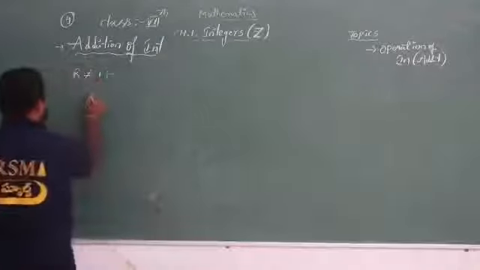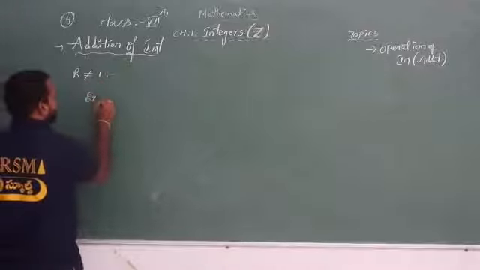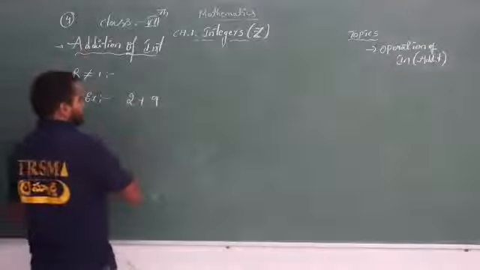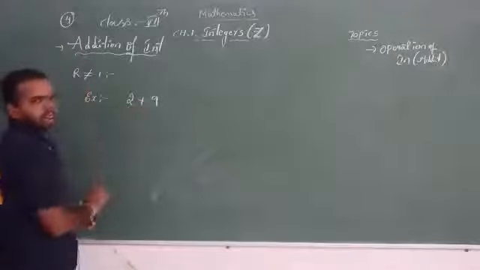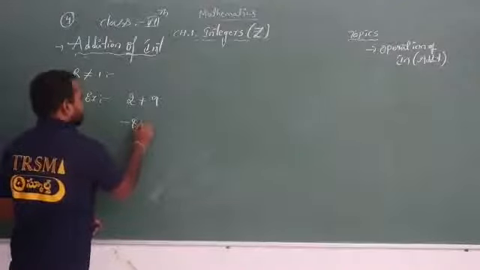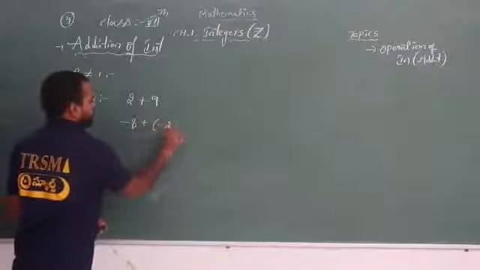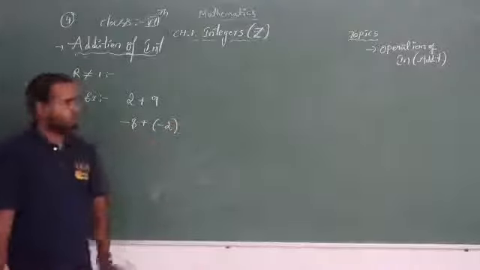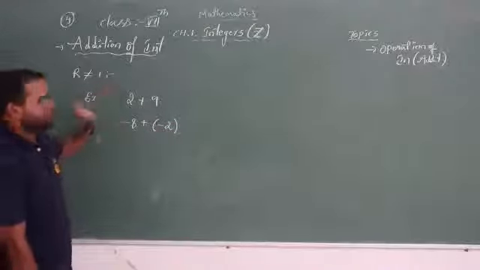Let's see an example. If you are adding two positive numbers, 2 and 9, or two negative numbers, minus 8 and minus 2, how do we add them?